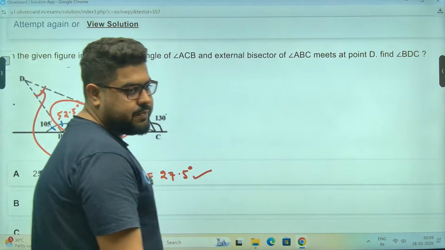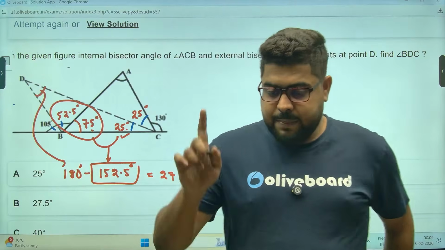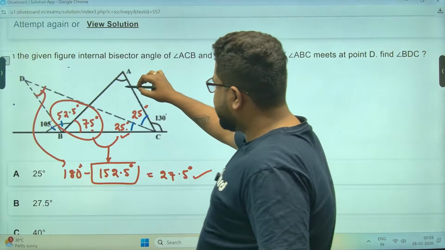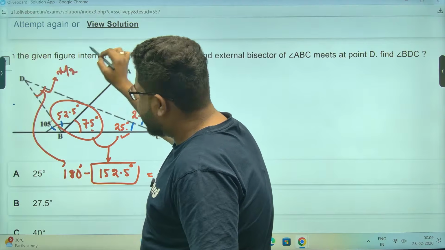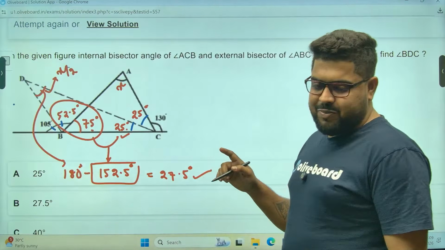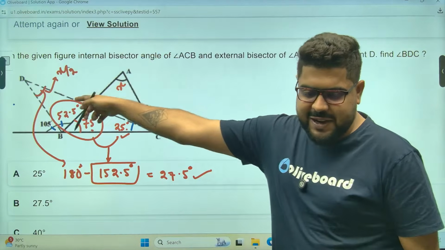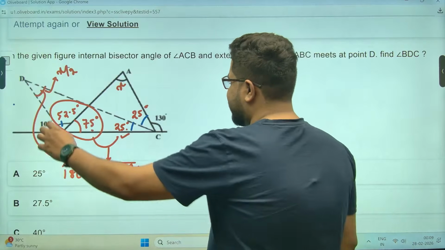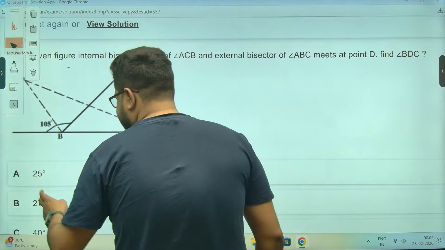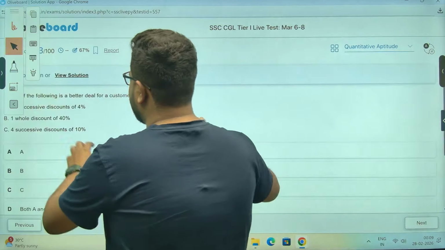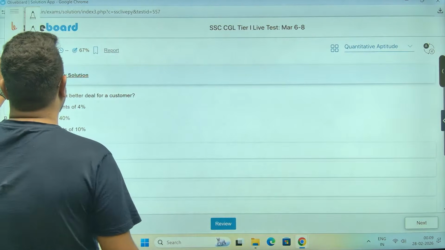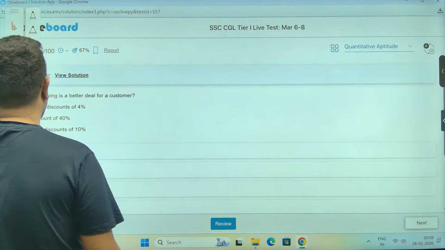Done and dusted. But a property to remember: if this is x degrees, this is x by 2. It comes from the way we have done it, and if you take theta you will get to this proof. Not everybody knows it, so we have easier ways, no need to go into thousands of properties.